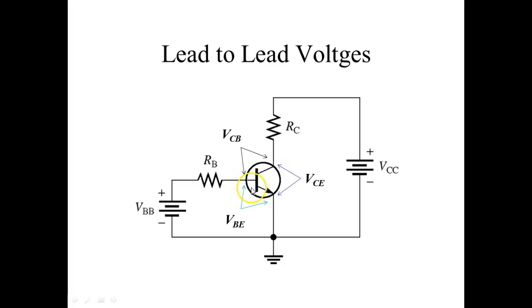So voltage collector to emitter, we would put our common on the emitter, and this is the guy right here that determines if the transistor is saturated or if it's cut off or it's in the active region. If it's less than 1, we assume it's saturated. If it's equal to VCC, we say it's in cutoff. And if it's between 1 and VCC, we say it's in the active region.